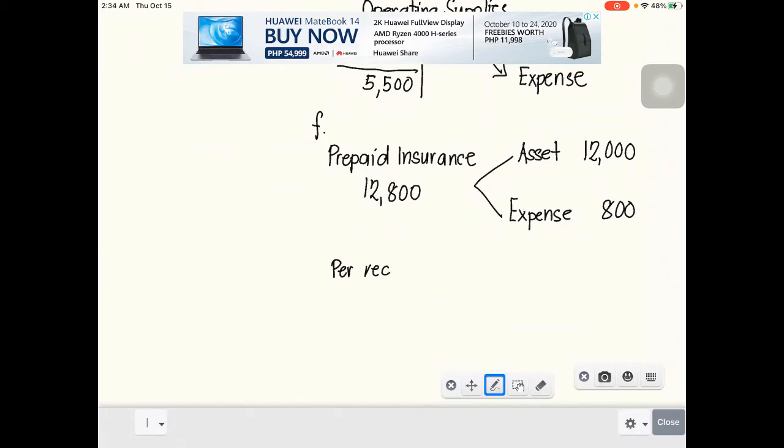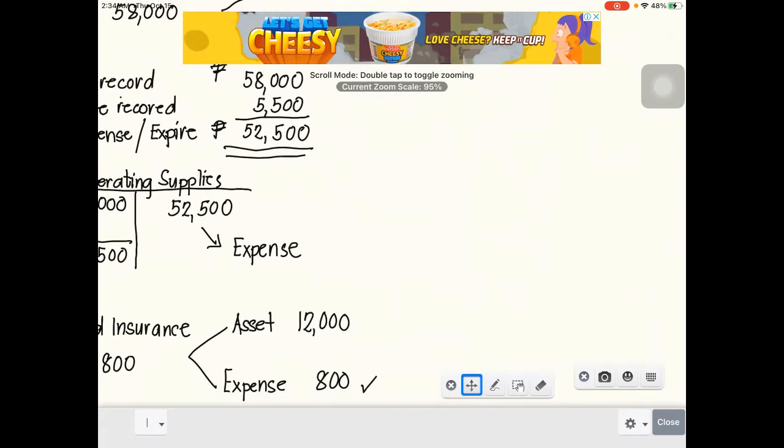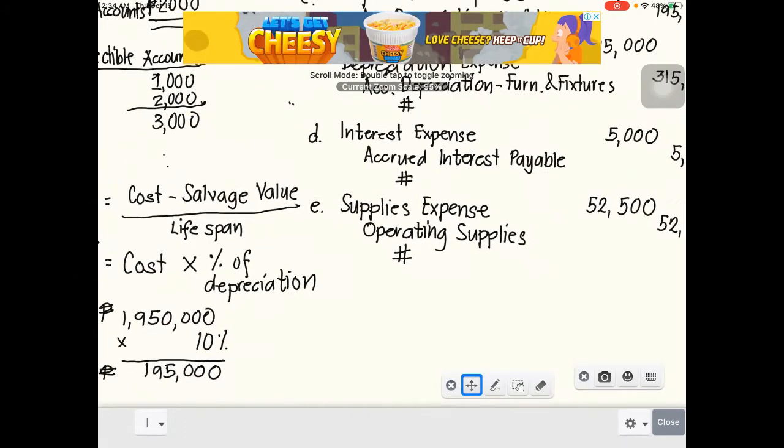So per record, we have 12,800, expired portion. The expired portion is 800. So to be recorded, or the final amount of the asset, is 12,000. So what needs to be recorded is the expense. We have not yet recorded the expense part. So 800.